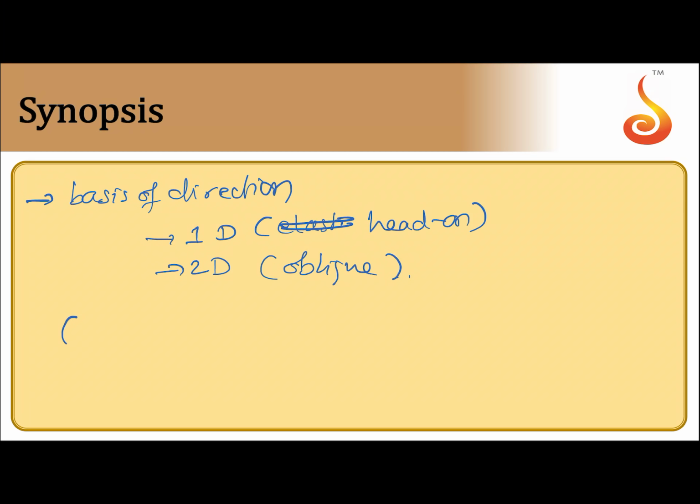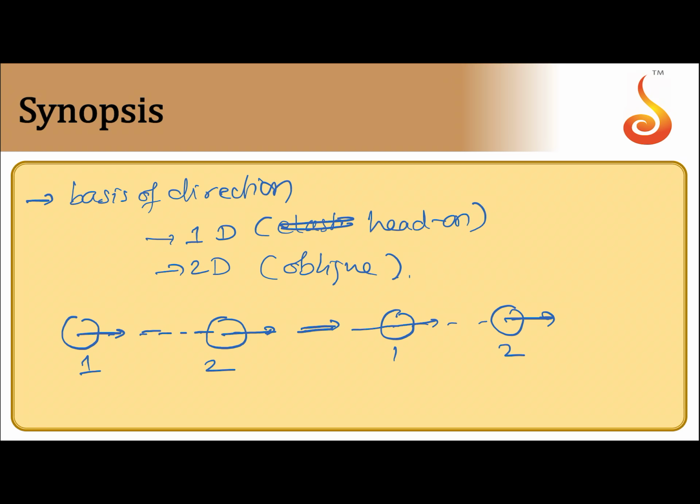For example, let us consider this is moving along this line, and the second was moving along this line, and post collision this continues to move along the same straight line, and the second also continues to move along the same straight line. So this is pre-collision, this is post-collision. This is what is known as head-on collision, 1D or head-on collision.